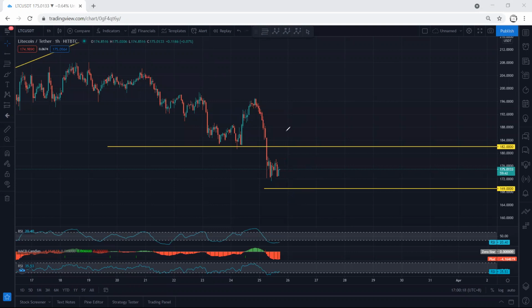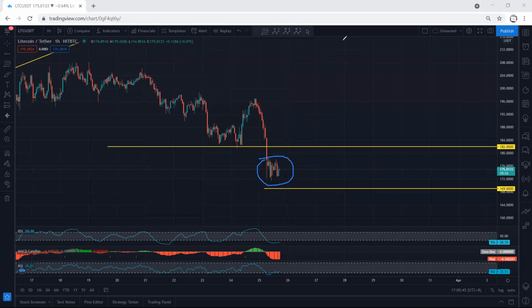That means if we want to look for buy again, either we get a sharp move from here, or this one gives us one more drop. And when we get one more drop, if we see the price reverse sharply without giving us a correction, any flag, we can look for buy. By the way, as I mentioned, we don't have any trade setup right now. We cannot buy or sell right now.